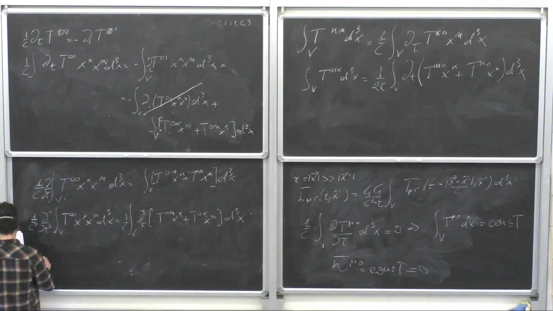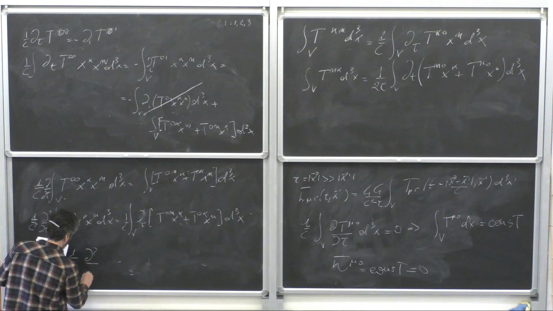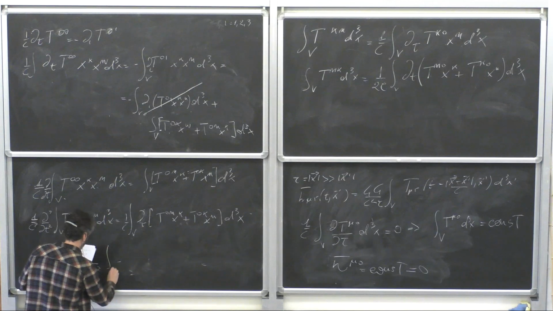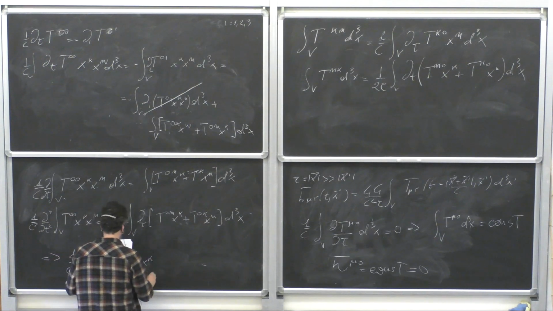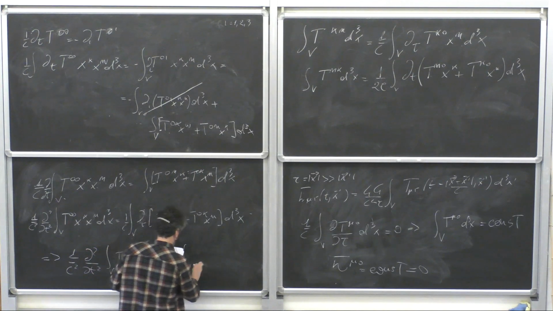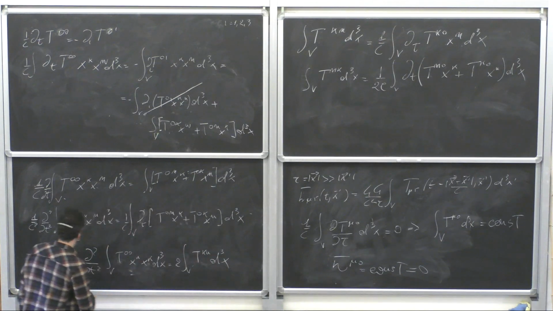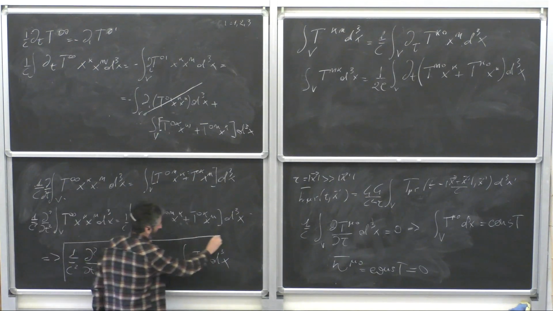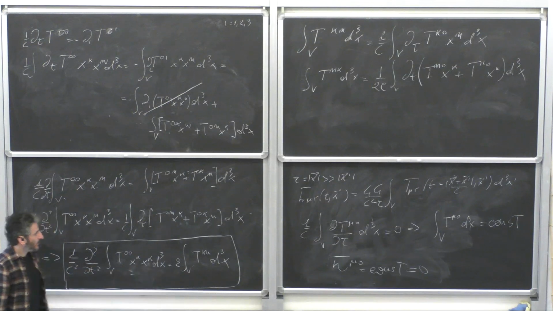And so at the end of the story, we get that 1 over c squared d squared over dt squared of this expression.